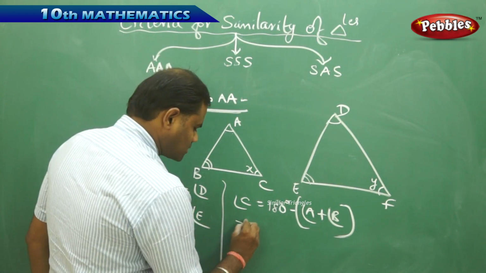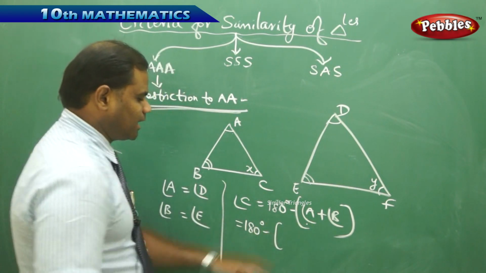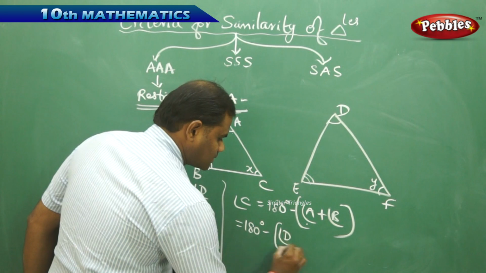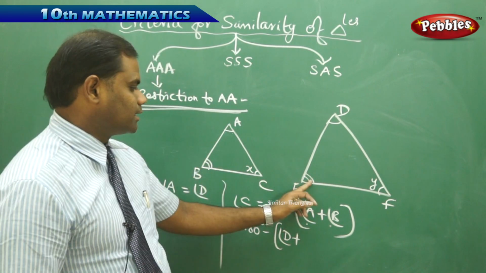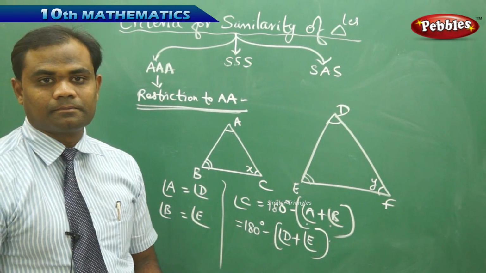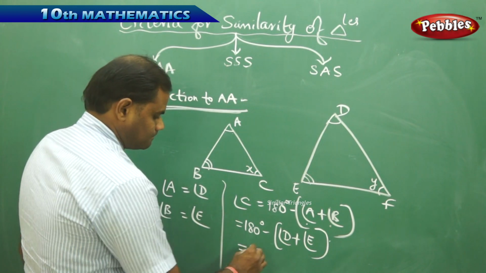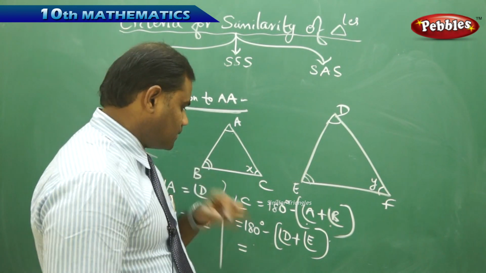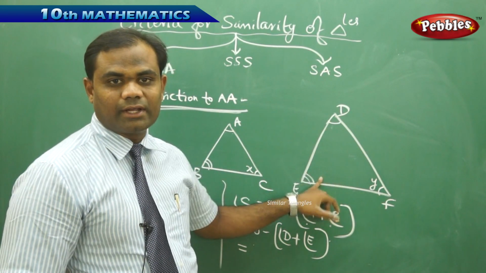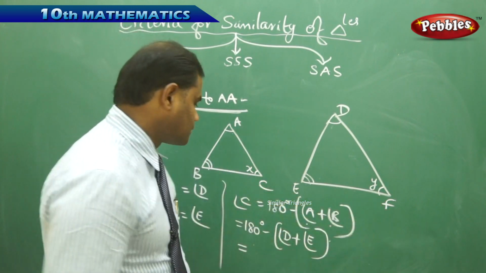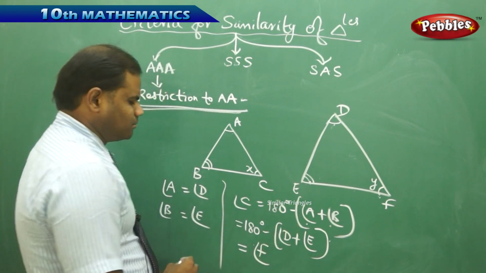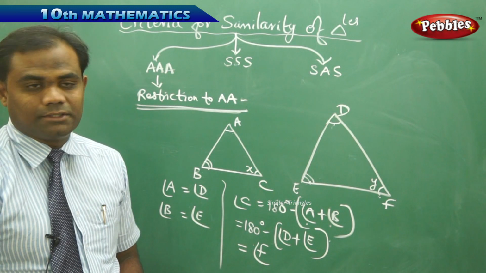On further simplification, this gives me 180 minus (angle A plus angle B), where angle A, which is equal to angle D, can be substituted with angle D, and angle B, which is equal to angle E, can be substituted with angle E in place of A plus B. Now this clearly shows that 180 minus (angle D plus angle E) will be angle F, because the sum of the three angles of a triangle is 180.